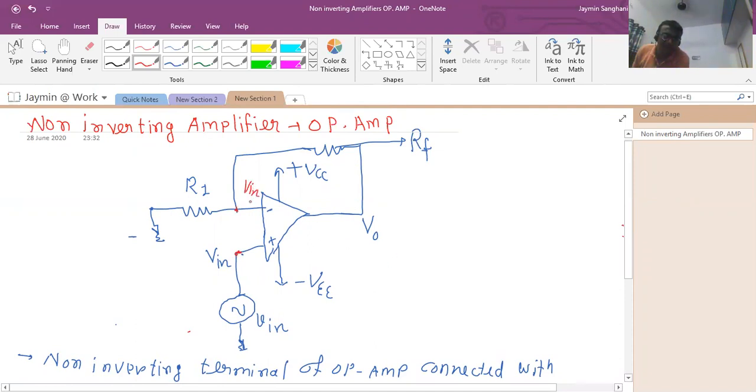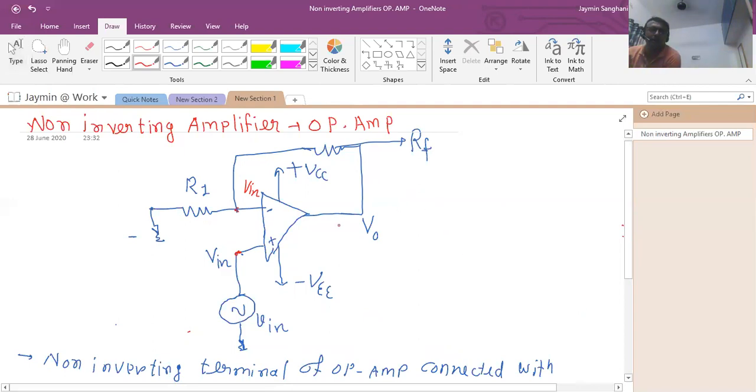Look at this terminal, it creates the infinite resistance and there is no voltage drop present in the infinite resistance. Infinite resistance contains zero voltage drop. So directly V in voltage that can be available.